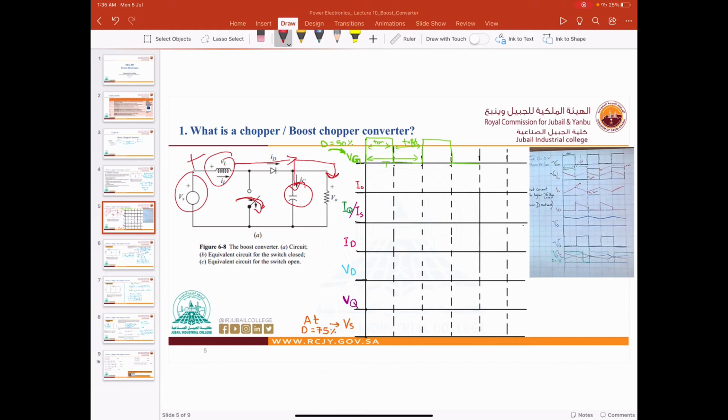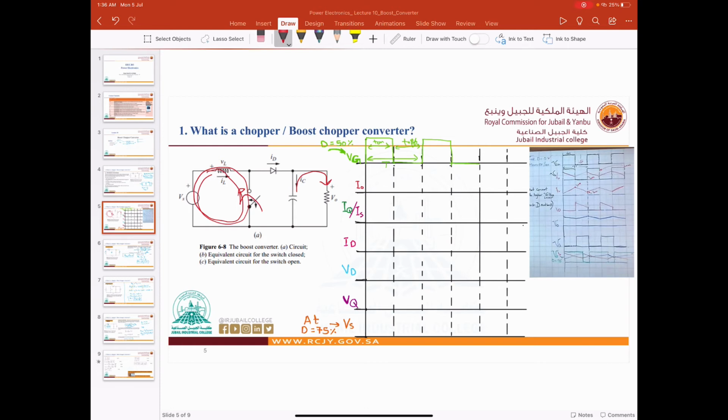So when the switch is closed, the capacitor will release to the load, right? And here also we will have charging of the inductive load. So I out is releasing.